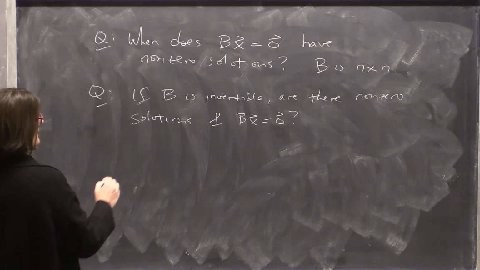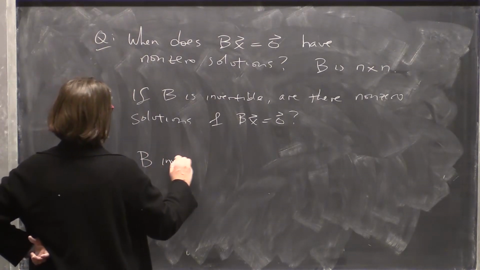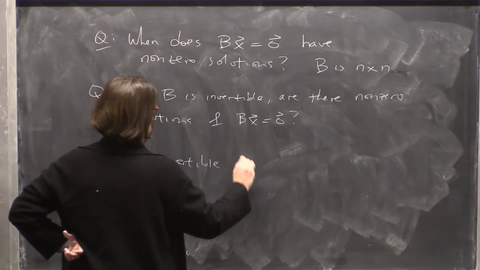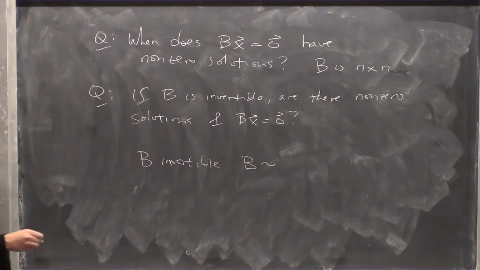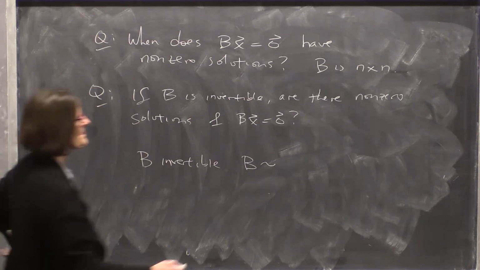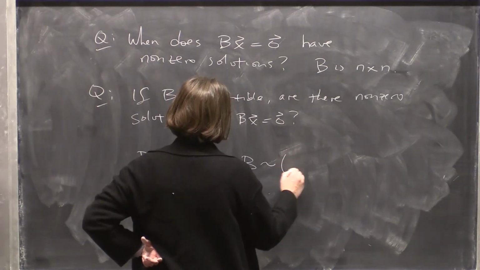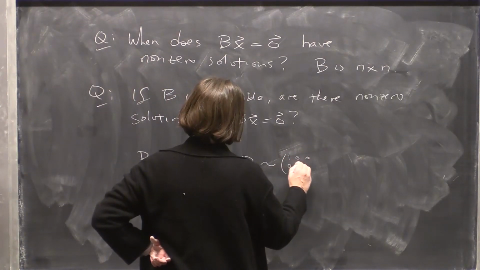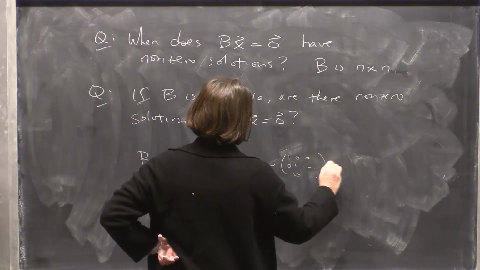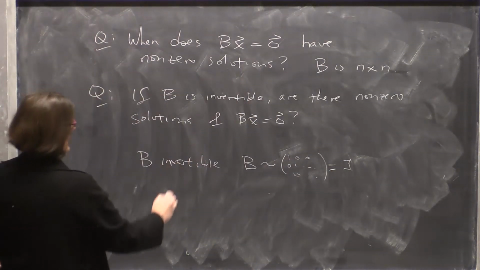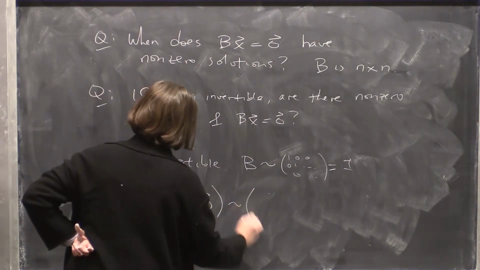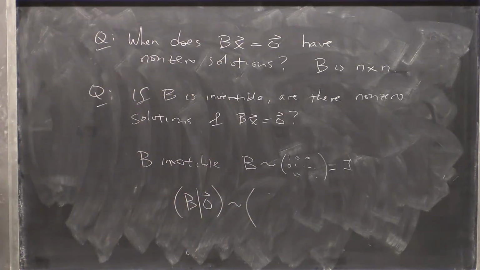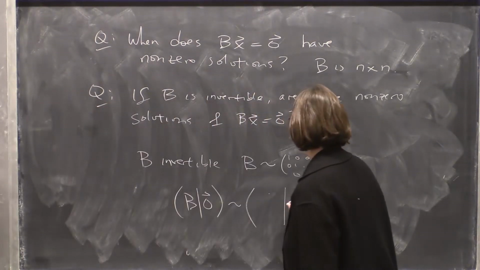So B being invertible means that B is equivalent to what, when you do the reduced row echelon form? The identity. So 1, 0, 0, 0, 1, and so on. So when you try to solve Bx equals 0, you carry that augmented matrix to reduced row echelon form, and what's going to be on the left-hand side?